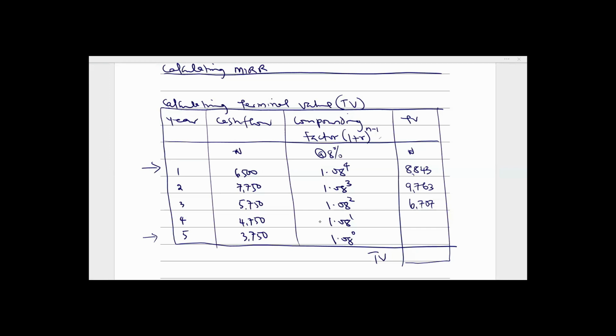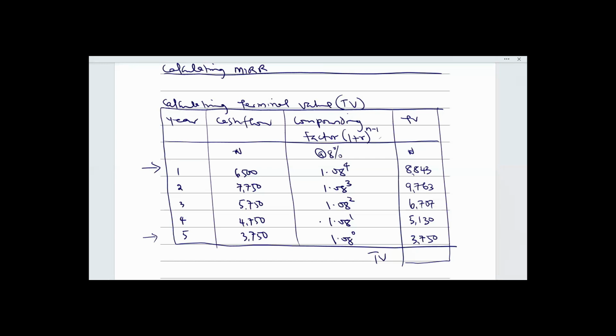So just use what you have in your calculator, multiply it with the cash flow. That means almost 7 decimal places. Multiply by 4,750 equal, that's 5,130. Here is 5,130. Then anything raised to power 0 is equal to 1. So here is 3,750.